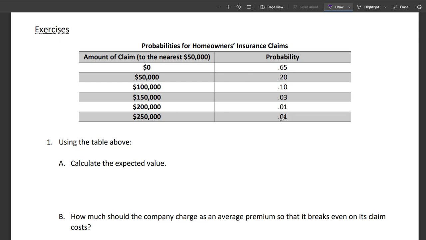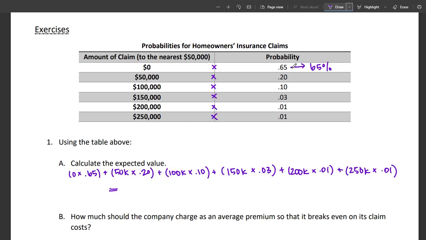And then we have the probability of homeowners filing these claims for these amounts. So we are just going to multiply all of these amounts. Whenever we multiply these out and add them all up, we get 29,000 as our expected value.